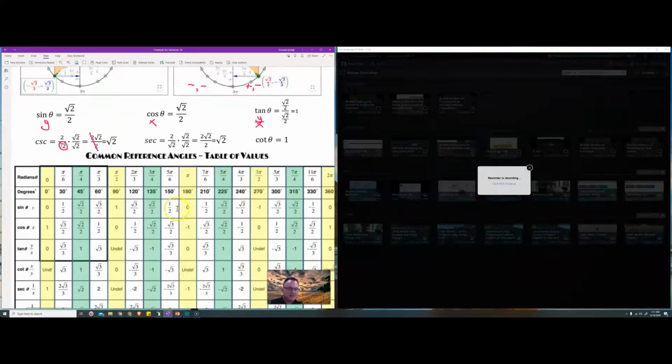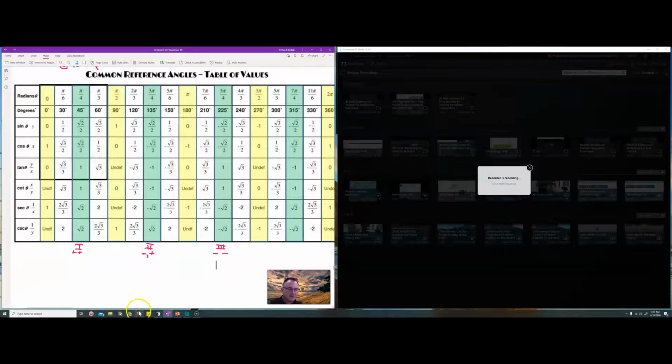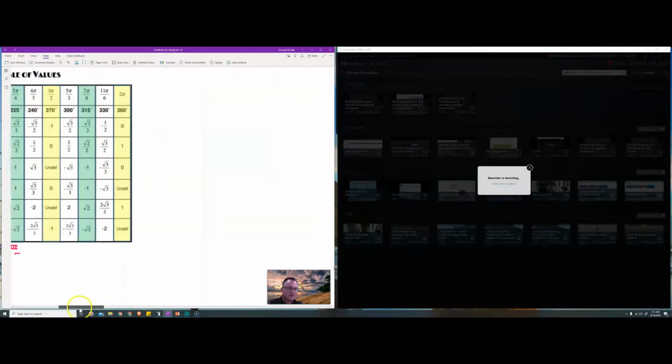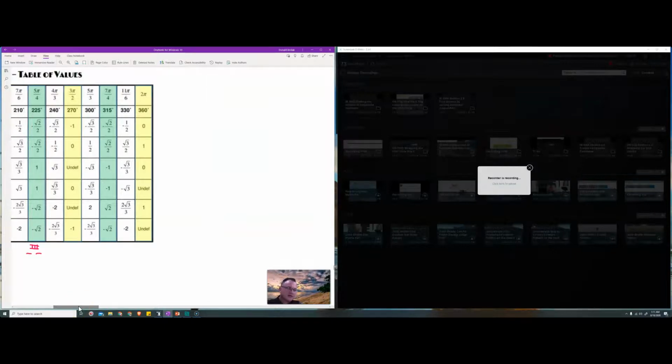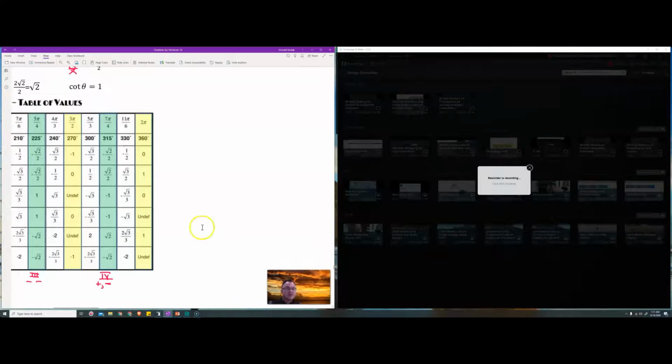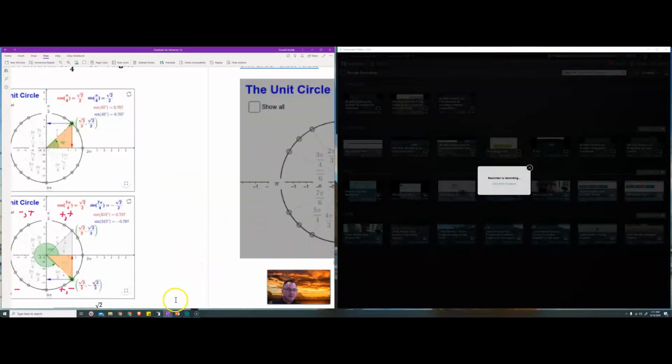And then the last instance is in the fourth quadrant, and we flip it over that direction. And in the fourth quadrant, the x coordinate is positive and the y coordinate is negative. Okay, so that's how you would fill in all the pi over 4's.